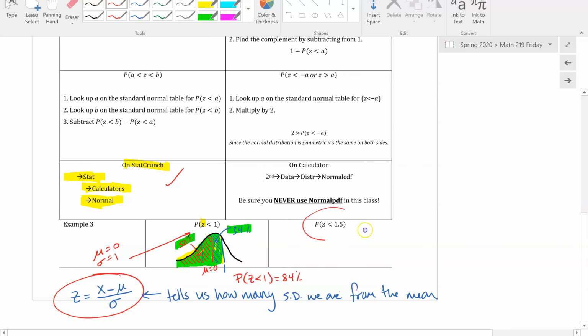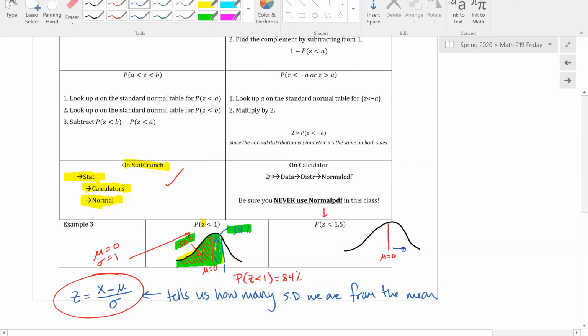So right here, we could not do with empirical rule. I couldn't do it because empirical rule, again, only deals with whole number standard deviations. So this is saying find the area under the curve that is left of a standard deviation of 1.5. So again, I've got a mean at 0 because I am on a standard normal distribution because we're talking z-scores.